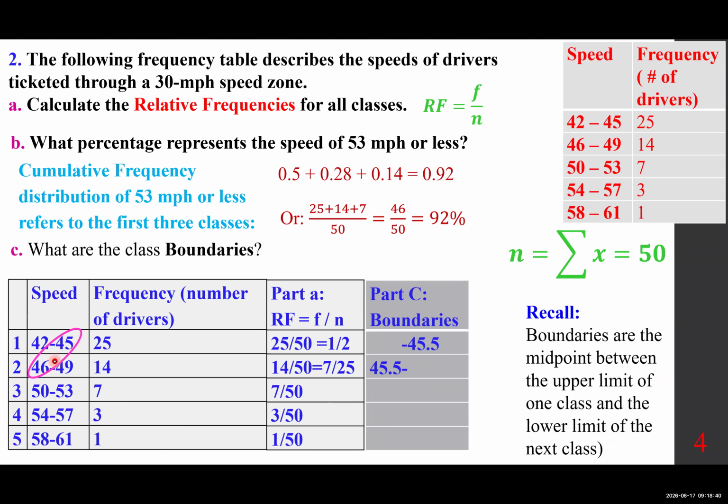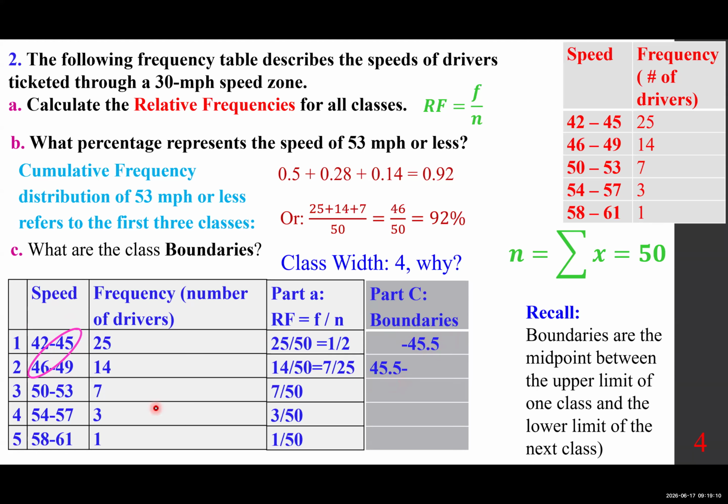And what happens is this 45.5 is the upper limit of the first class as well as the lower limit of the next one, okay? Meaning everything less than 45.5 belongs to the first one. But from 45.5 on belongs to the second one. Now, we can calculate it for each case, but it's faster and easier if we calculate the width.